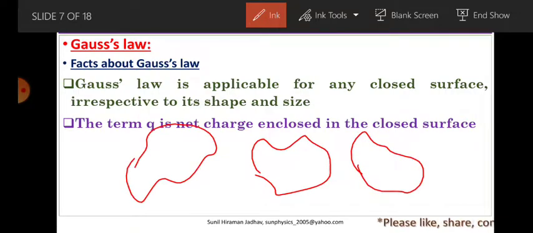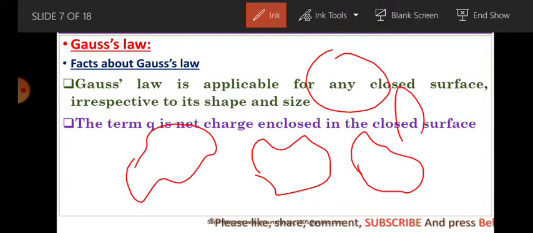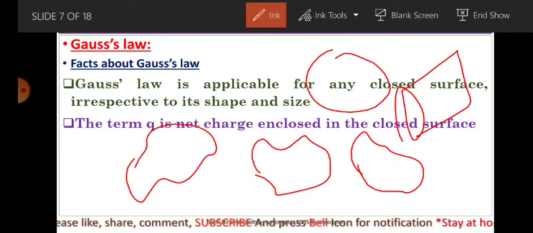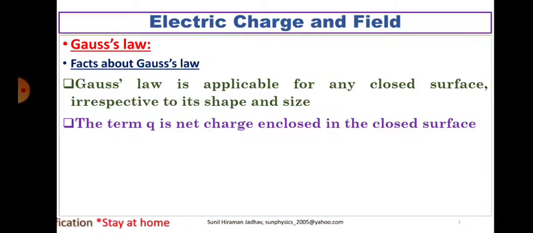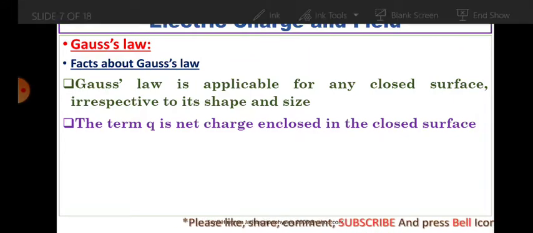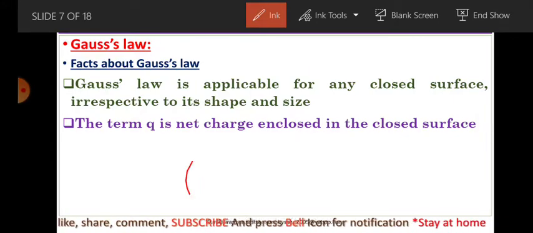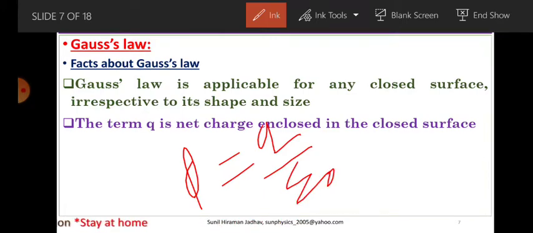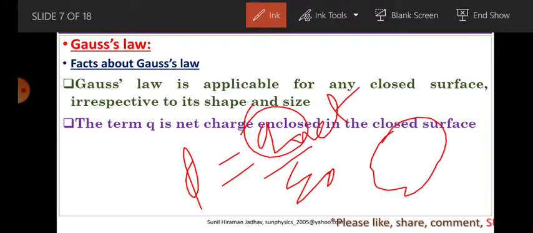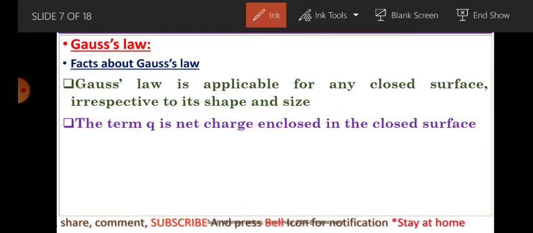Every area which I am drawing here acts like a Gaussian surface, and the size also does not matter here. The term Q is the net charge enclosed in the closed surface. As we know, phi is defined by Q upon epsilon 0. So here Q means the net charge enclosed in the Gaussian surface. That is the meaning of this second statement.